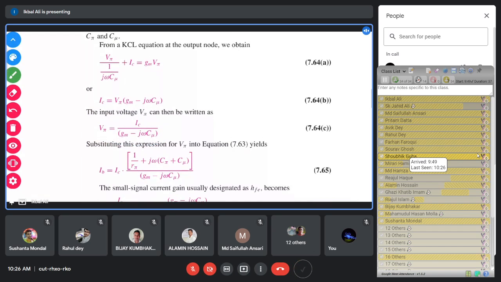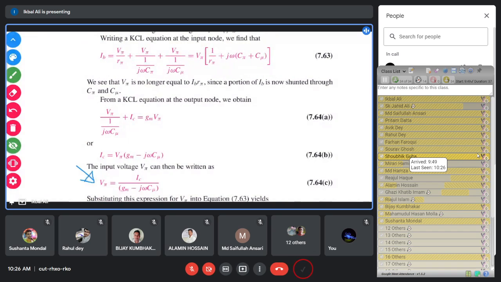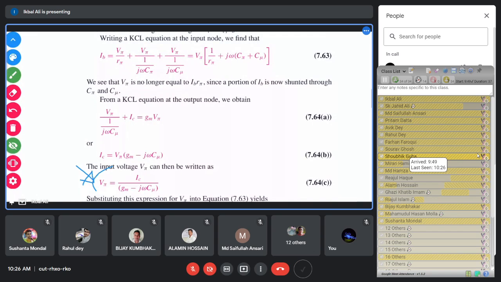You see that, from the collector side, we have obtained an expression for V pi. We will substitute this expression into the V pi in the KCL equation at the base node. So in this position, instead of V pi, you have IC divided by Gm minus j omega c mu.